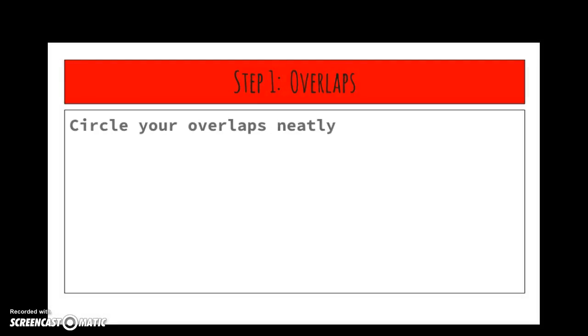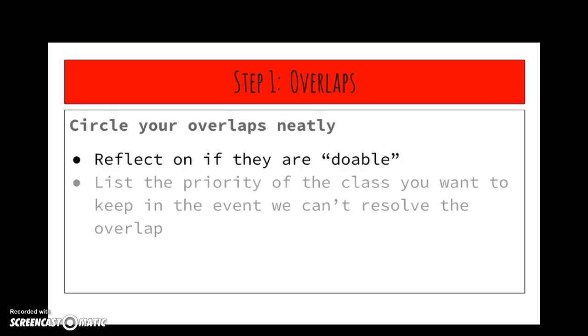So with overlaps, again, what we want you to do is just circle your overlaps neatly on your schedule. Just reflect on if they're doable. Maybe right now you guys have conflicts and you're able to make them work. So just think about if they're doable, and then if you want us to drop a class, drop one of the 2 classes that are conflicting, just list which one you want us to keep and which one you want us to drop on the right-hand side of the front of your schedule.